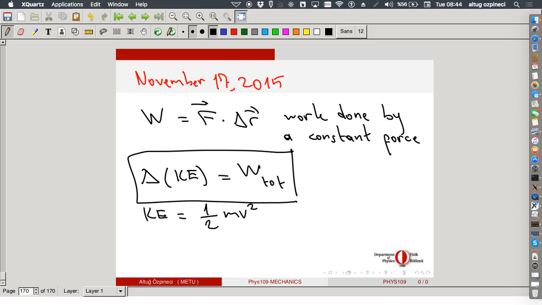But if you are only interested in the change in the speed, it is the work that allows us to calculate it directly. The kinetic energy depends only on the magnitude of the velocity, only on the speed. And the change in the speed is determined by the total work done on an object by all the other forces.